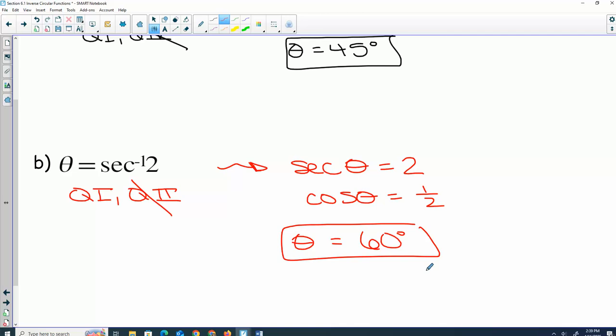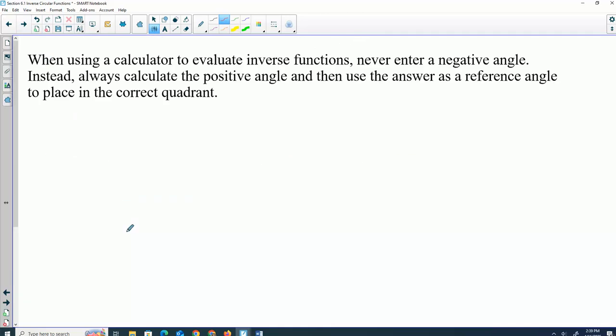We have done inverses on our calculator before, like back at the beginning, but we only did positives. So here's the thing. If you put a negative angle in your calculator, you will get the right answer most of the time. The problem comes with tangent and cotangent because we don't have a cotangent button, right? So if I want to do anything with cotangent, I have to enter what?